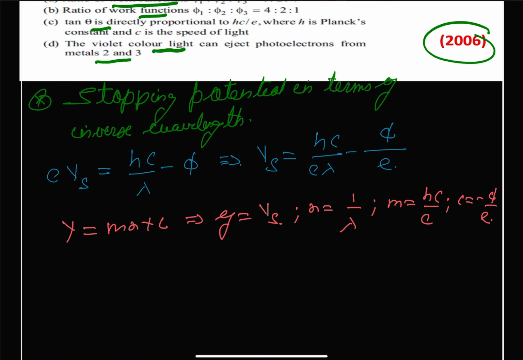So we are first of all interested in our slope because we have to find out the tangent of theta.